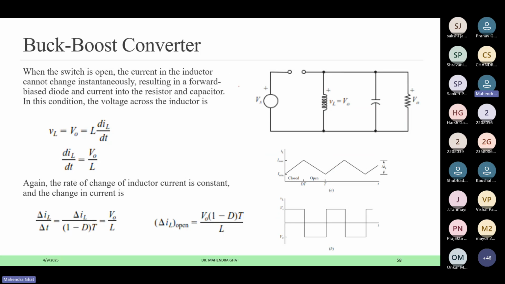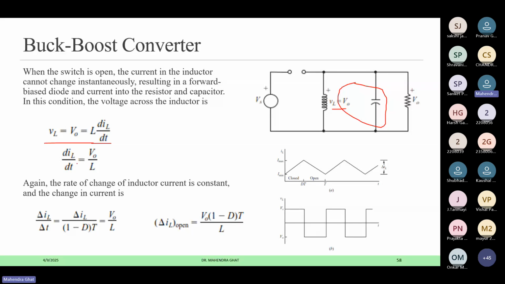Now when the switch is open, as I said, the current will flow in this direction. So VL will be equal to VO. Here VS is not getting applied, VO is getting applied. So VL is VO, and again it is nothing but L dIL by dt.